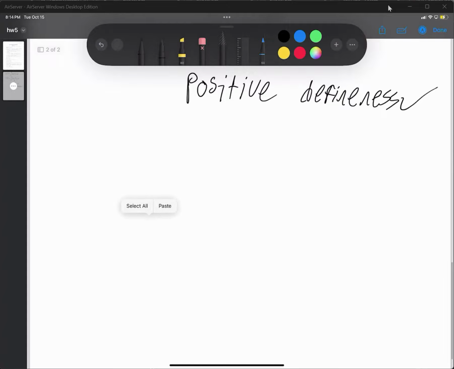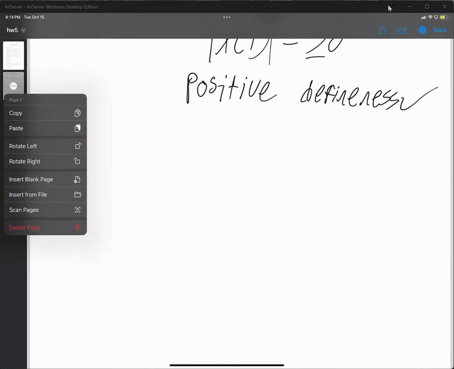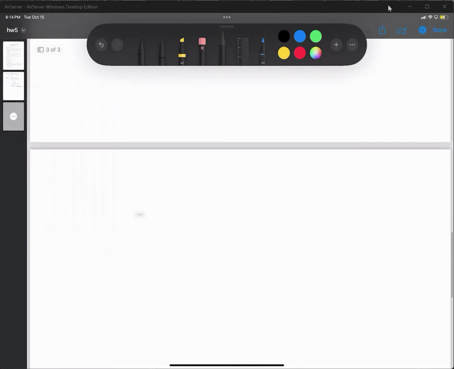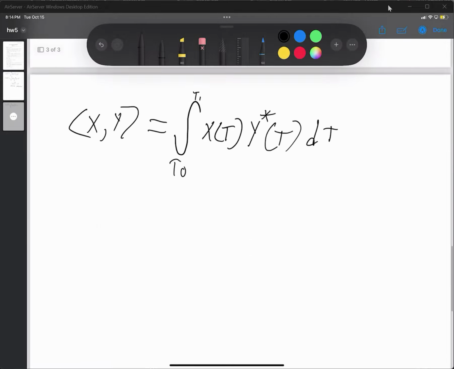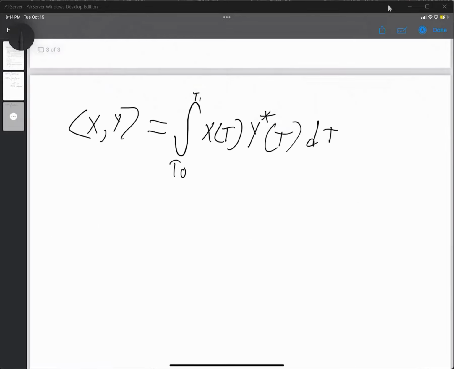Okay, so we're going to prove that this is conjugate symmetrical. So if we reverse the order, right? And what we're proving is this statement here, that these are equal.